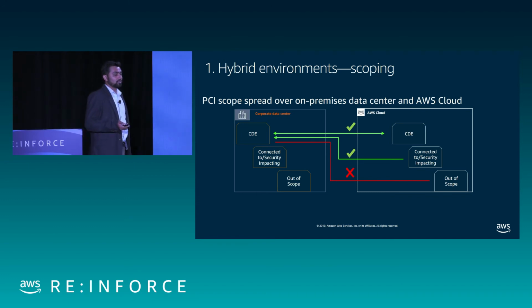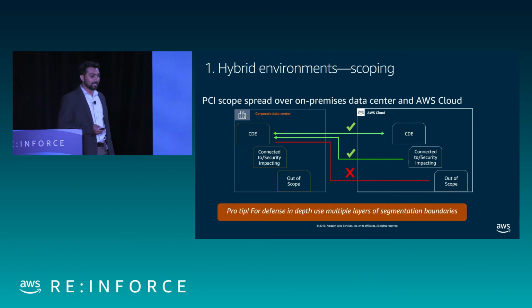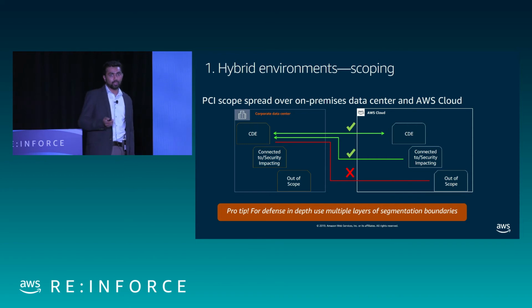In that case, the out-of-scope systems would also become part of the scope. And as a best practice, we recommend two things. One, try to design your systems in such a way that your PCI DSS resources are in one of the two environments. And if you have to use such an architecture, then use defense in depth, multiple layers of segmentation boundaries.